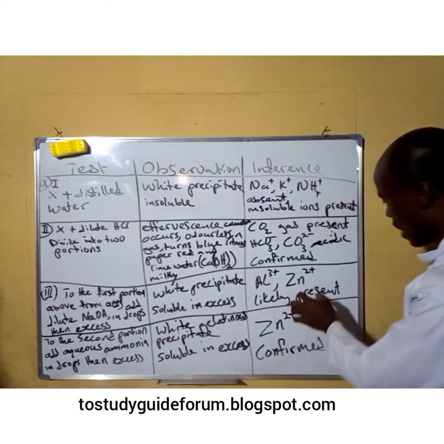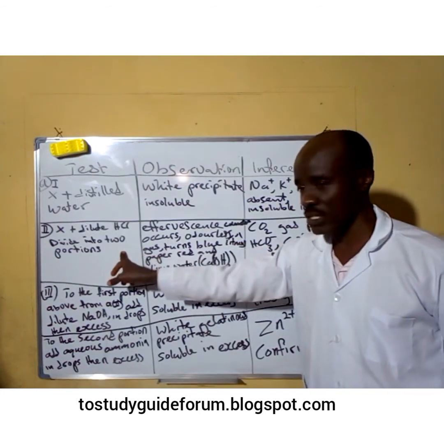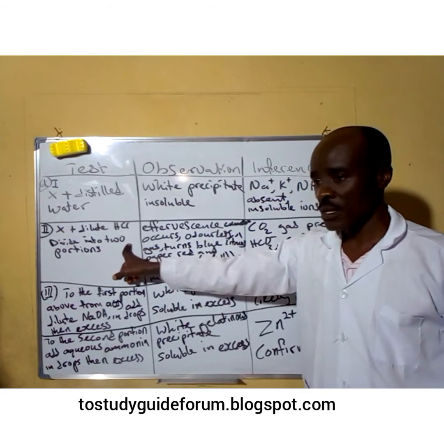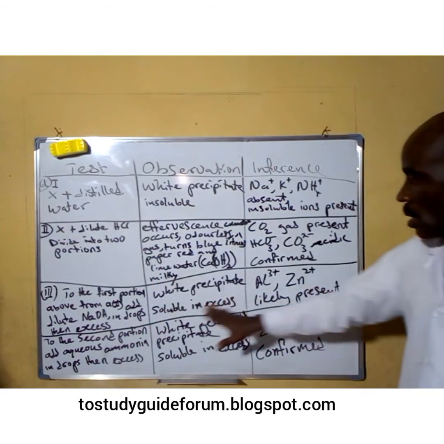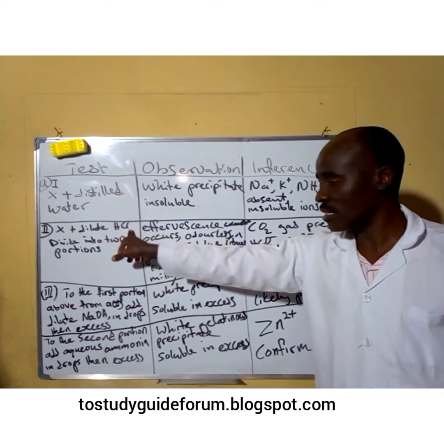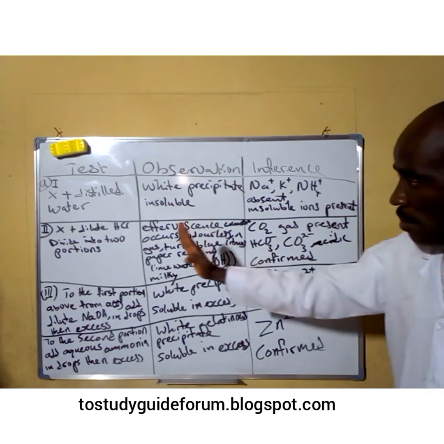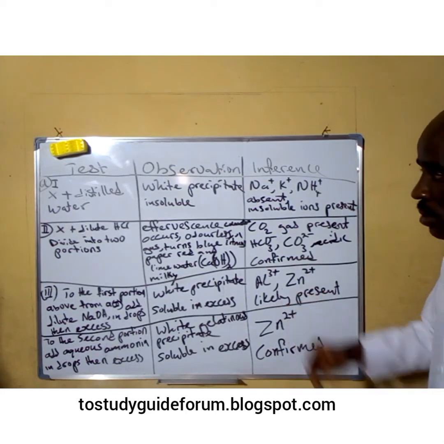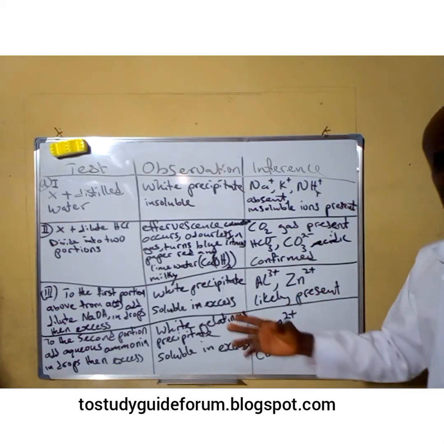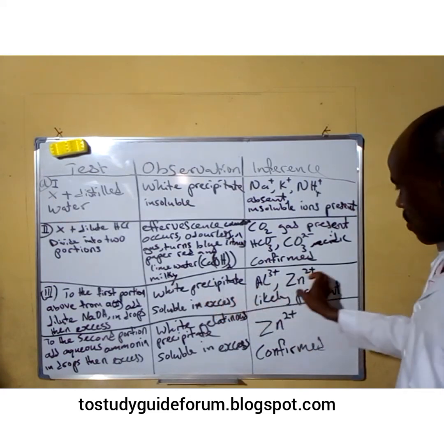Because if any lead ion is present, once you add hydrochloric acid, it will give you a white precipitate, which will dissolve when hot, and you have a precipitate back again when it's cold.